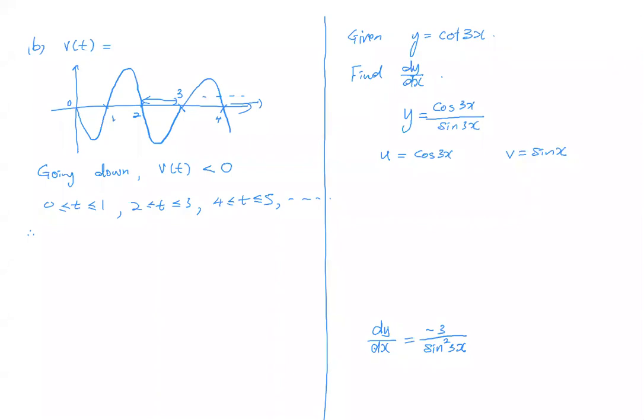Or you can write this as negative 3 cosec square 3x. The reciprocal for sin, we call it cosec. So all these, please write it down, okay?